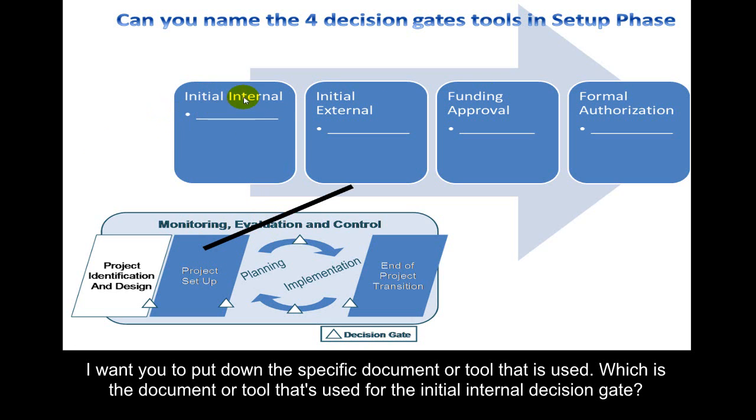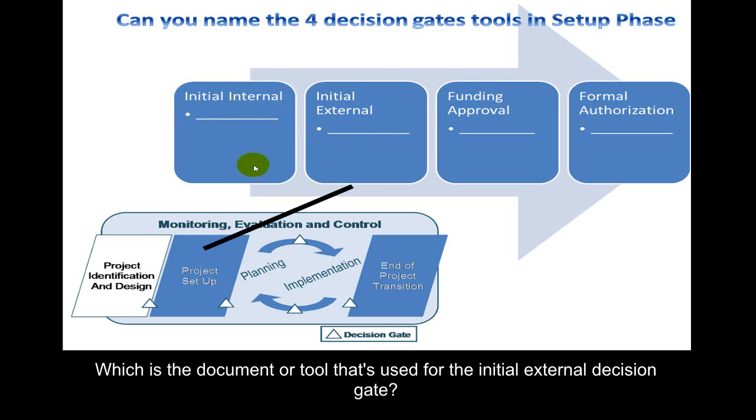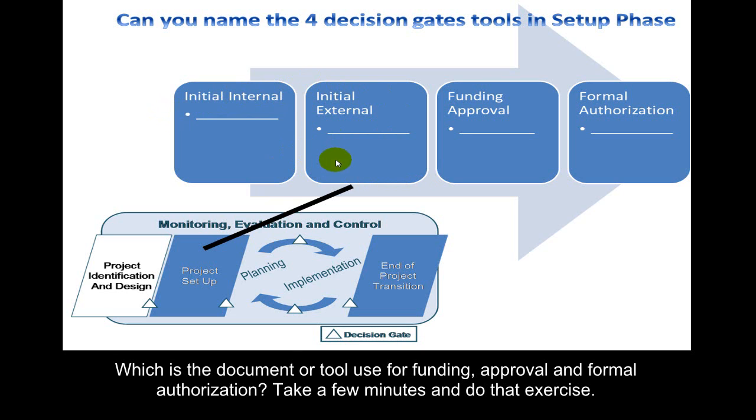Okay, so which is the document or tool that's used for the initial internal decision gate? Which is the document or tool that's used for the initial external decision gate? Which is the document or tool used for funding approval and formal authorizations? So take a few minutes and do that exercise now.